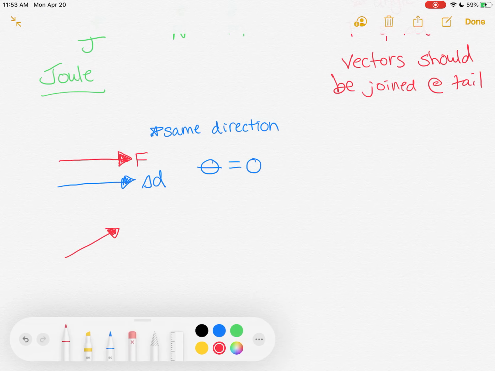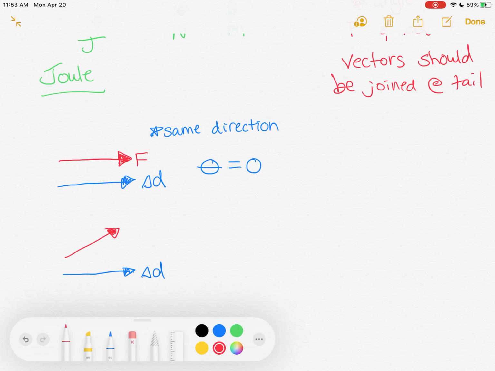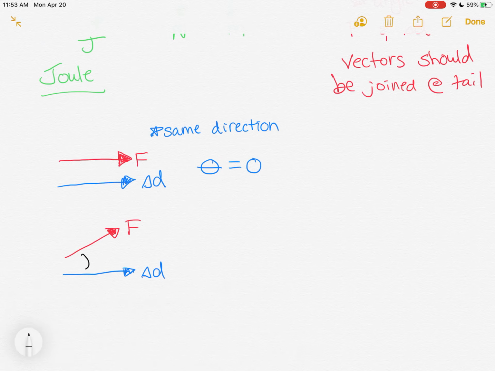We could have our force going up in some direction and our displacement still staying horizontal. So say we have this arrangement here. In this arrangement, that angle is somewhere between 0 and 90 degrees.